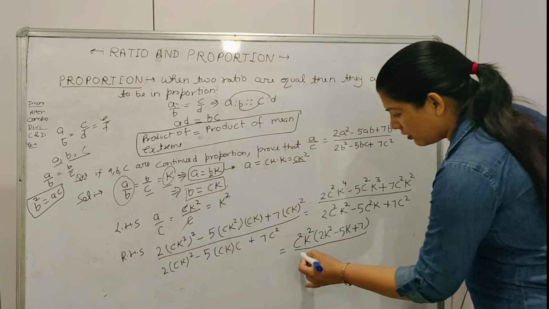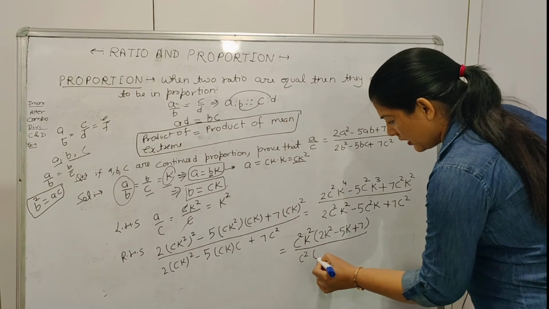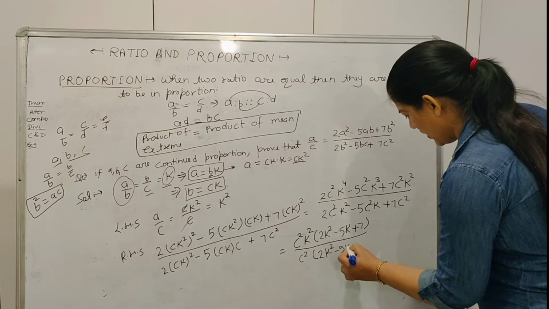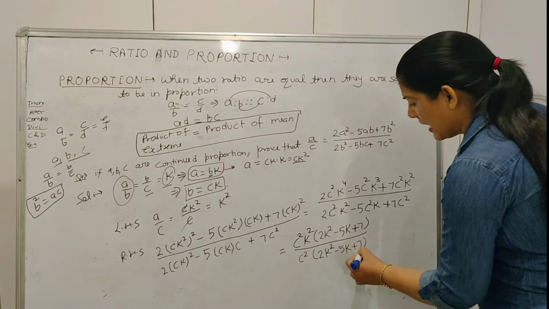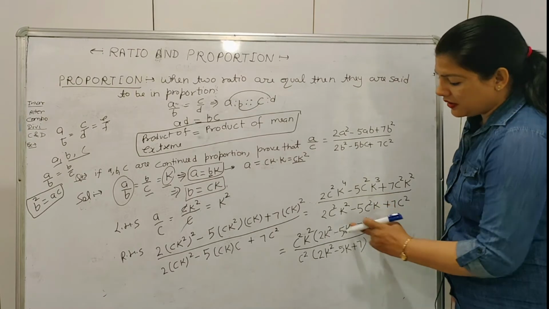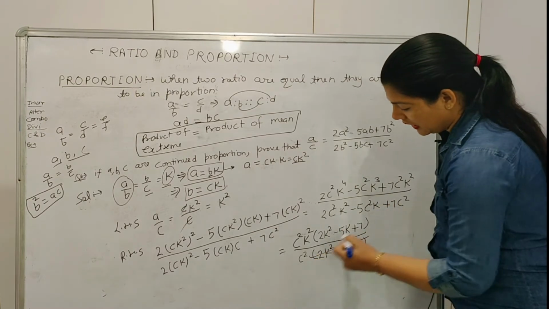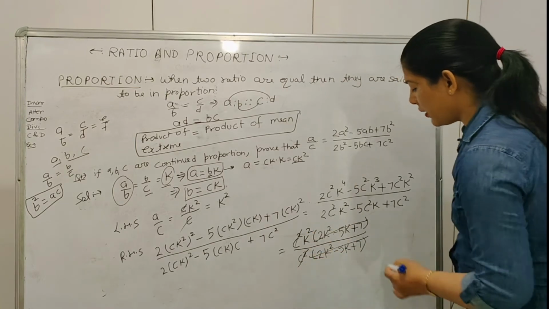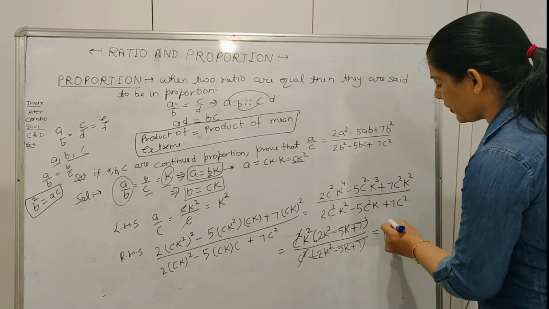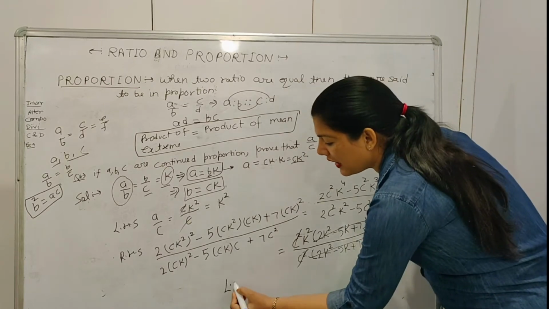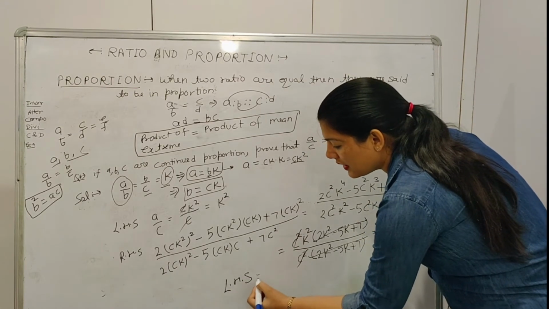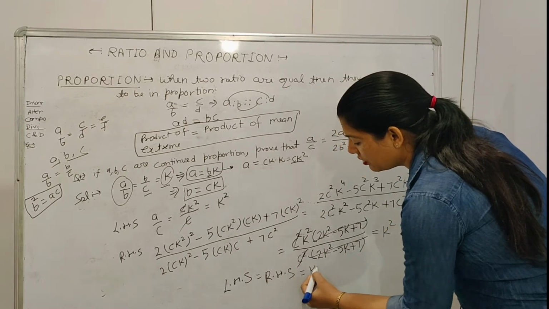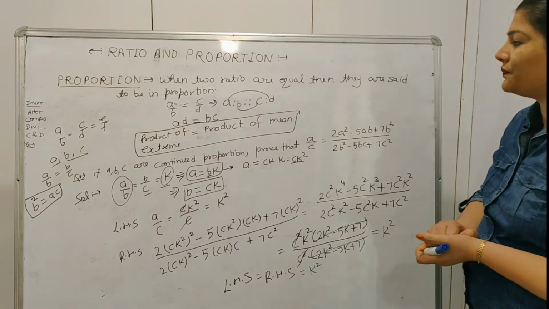C square is common only, with 2K square minus 5K plus 7. Okay, and as you all can see here, this bracket is equal, so cancel the numerator and denominator, and C square also cancels by C square, and it is equal to K square. So we have left hand side equal to right hand side because both are equal to K square. So the question is proved.